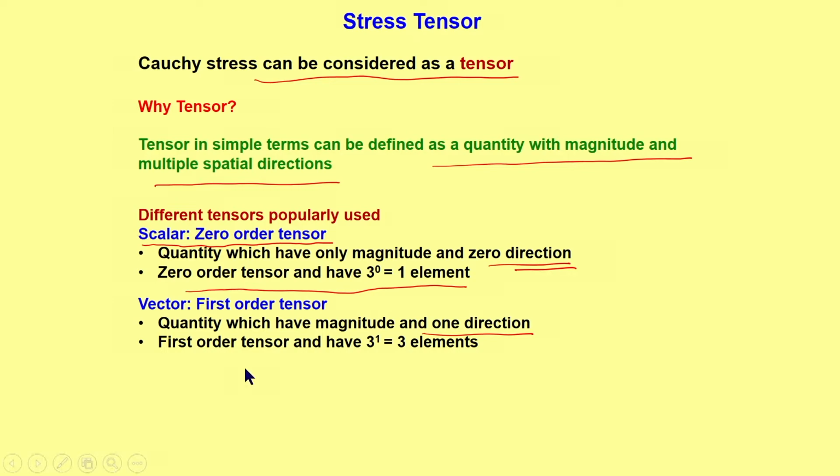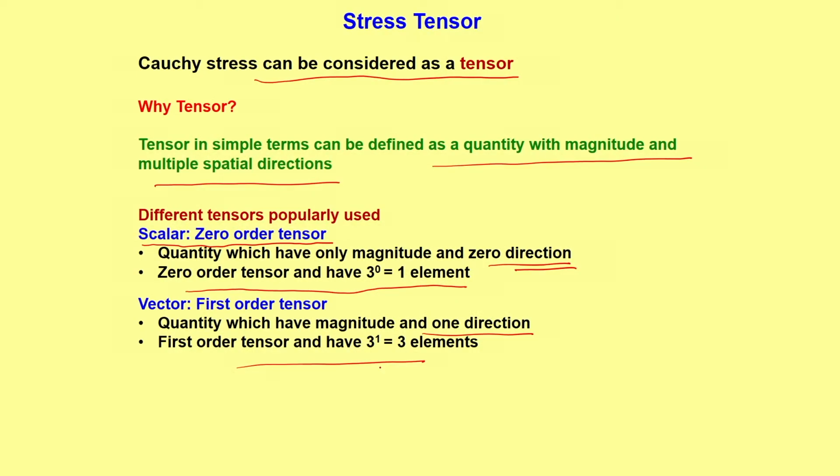Accordingly, the number of elements will be 3 raised to 1, which is equal to 3 elements. If you have x, y, z axes, you have vector components in 3 different directions.